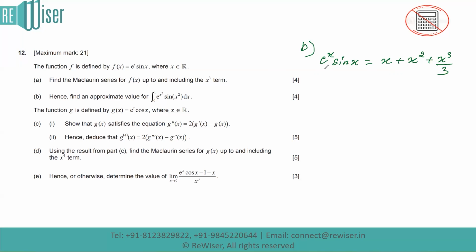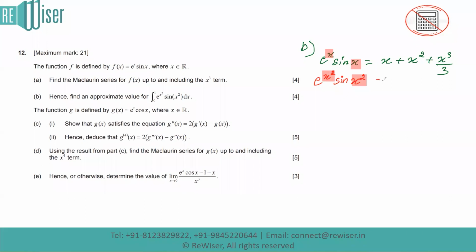So in that case, if I talk about e power x squared times sine of x squared, when you compare these two things, in place of x we have x squared, which we can just replace.